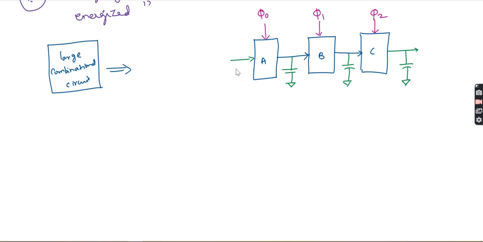That is because when you are going for combinational logic circuits and break the large combinational circuit into smaller pieces, we need one additional input, that is the clock signal. Phi is nothing but a clock signal. Let me say your phi signal is like this.